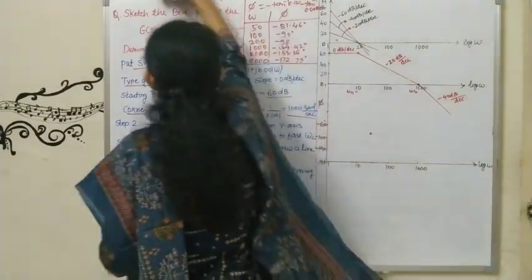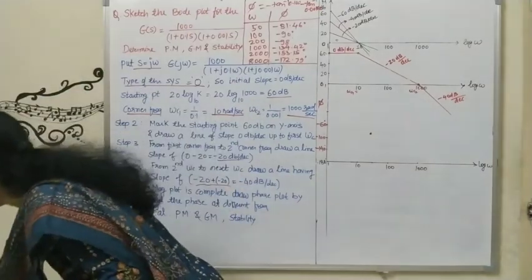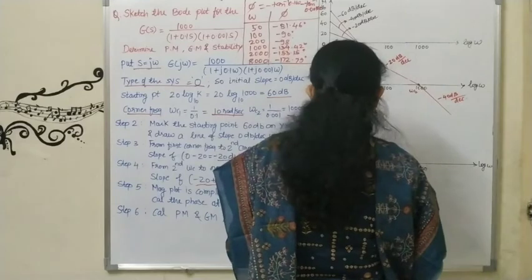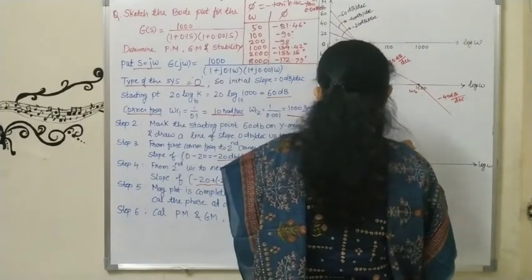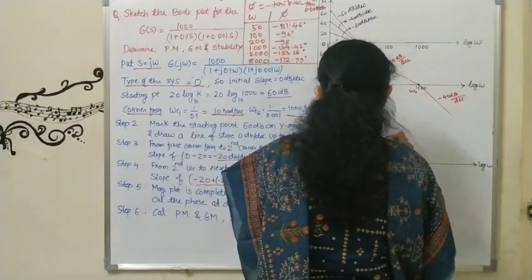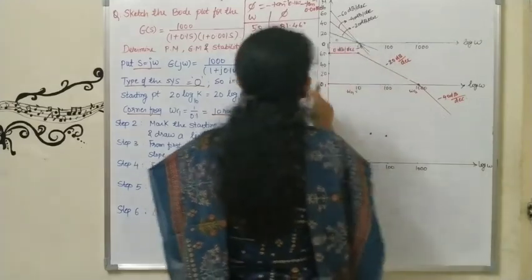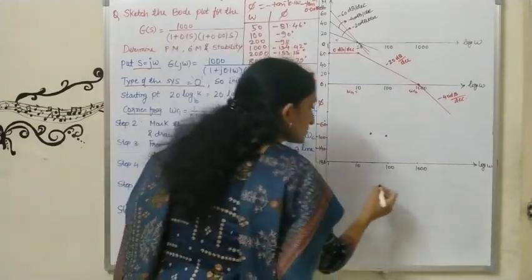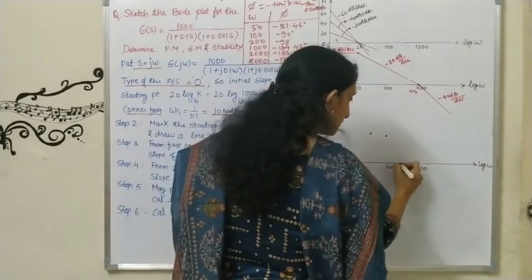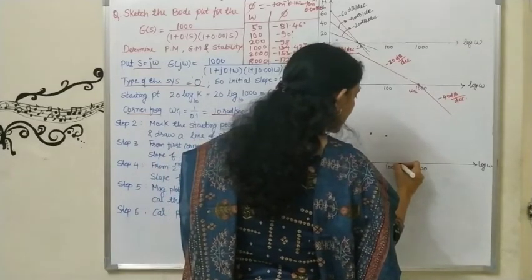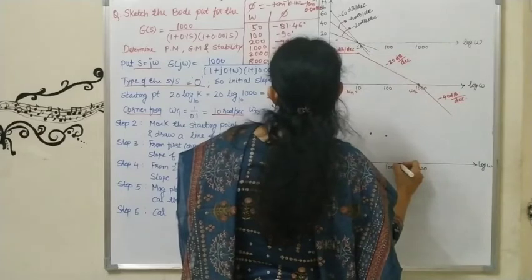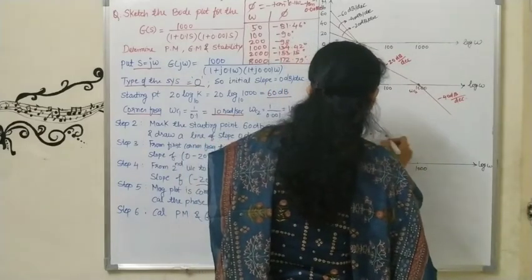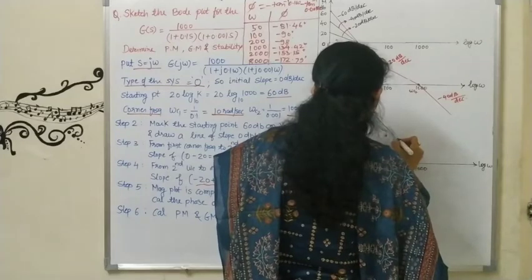Next, for 100 I am getting minus 90, so it is closer. Then for 200 I am getting minus 98. The second vertical line after 100 is 200, so minus 98 will be closer to 100.